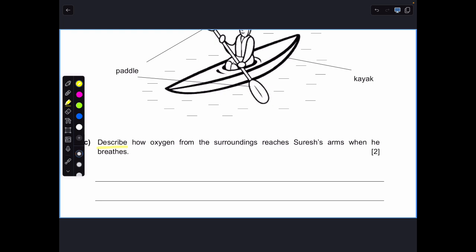So they describe about reaching. Reaching means it must be from one part to the other part, right? So it started off from oxygen in the surrounding air.